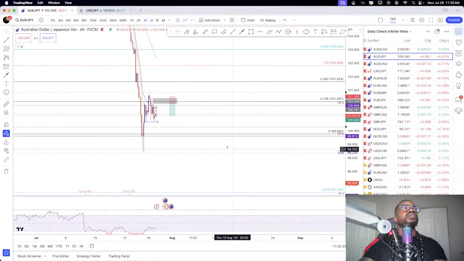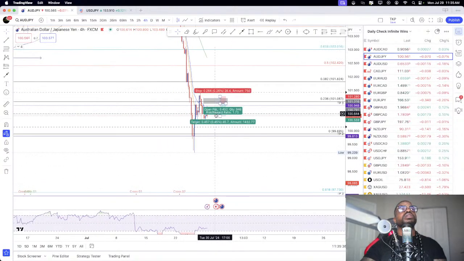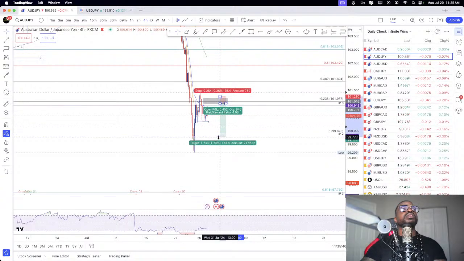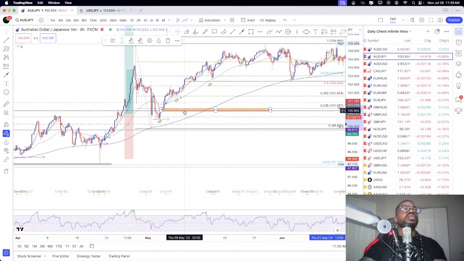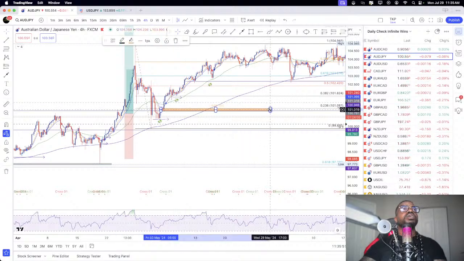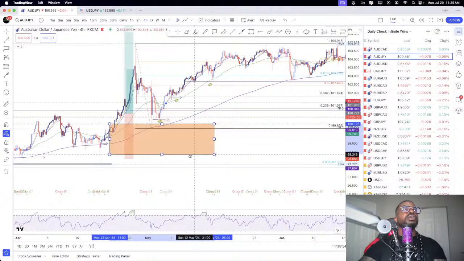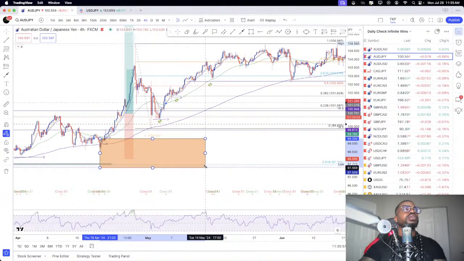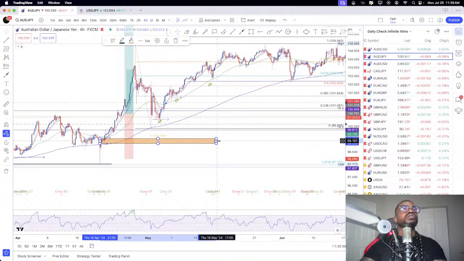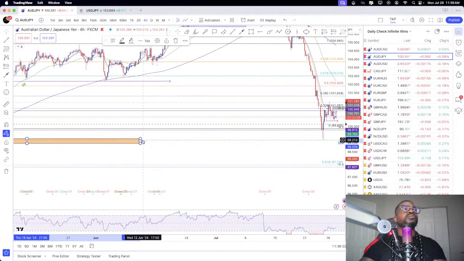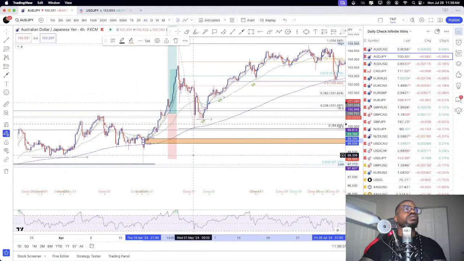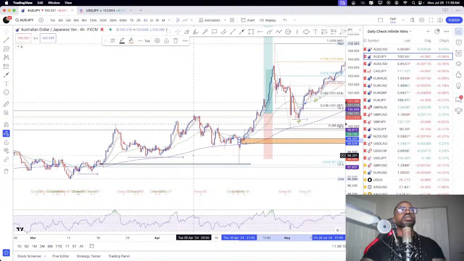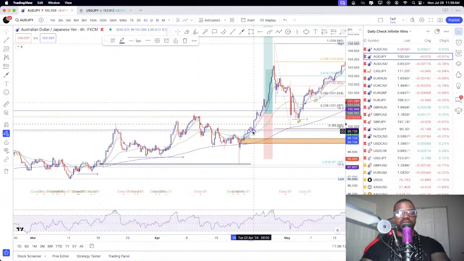Let's see where this thing is going. Let's be conservative with this target. Let's not reach too low too soon, and mess around and create a problem for ourselves being greedy. Oh, that area got hit? Okay, so it can actually break it. AUD JPY.